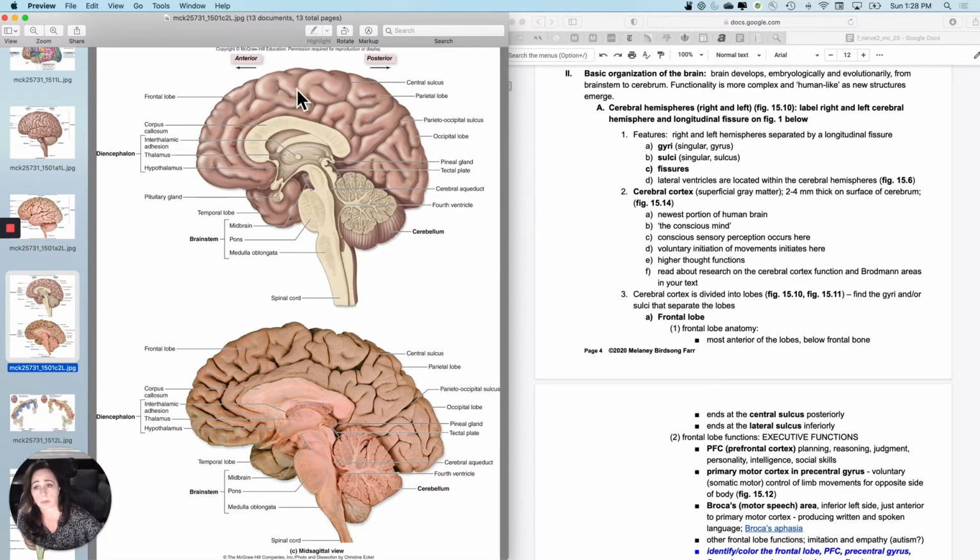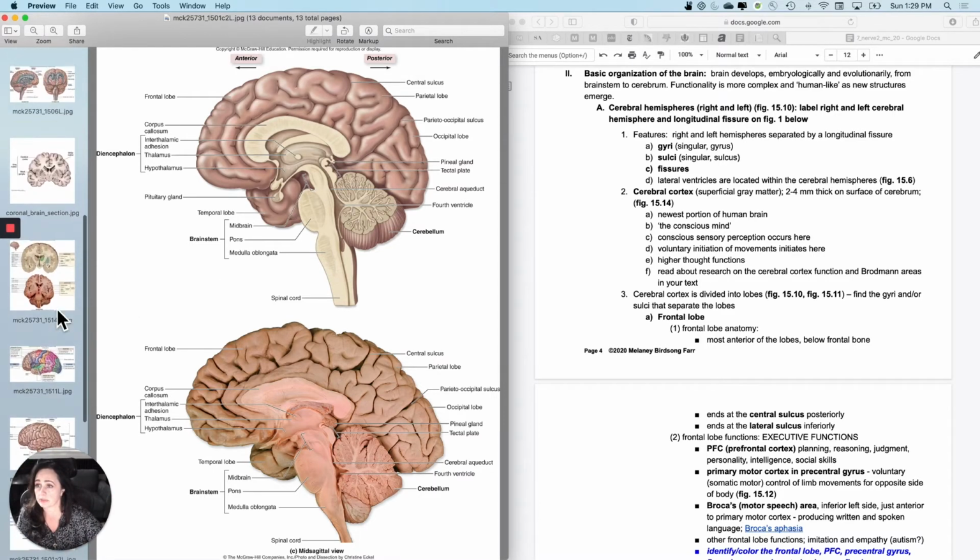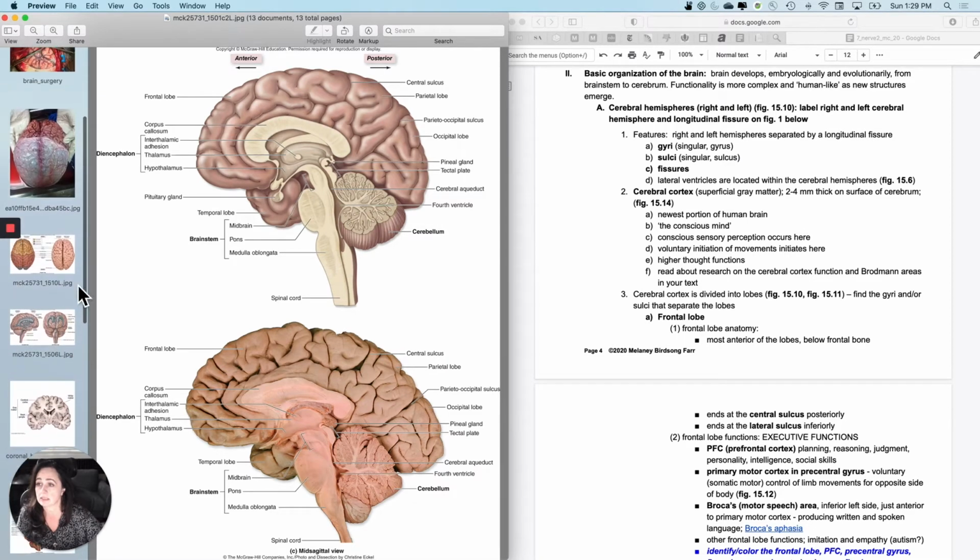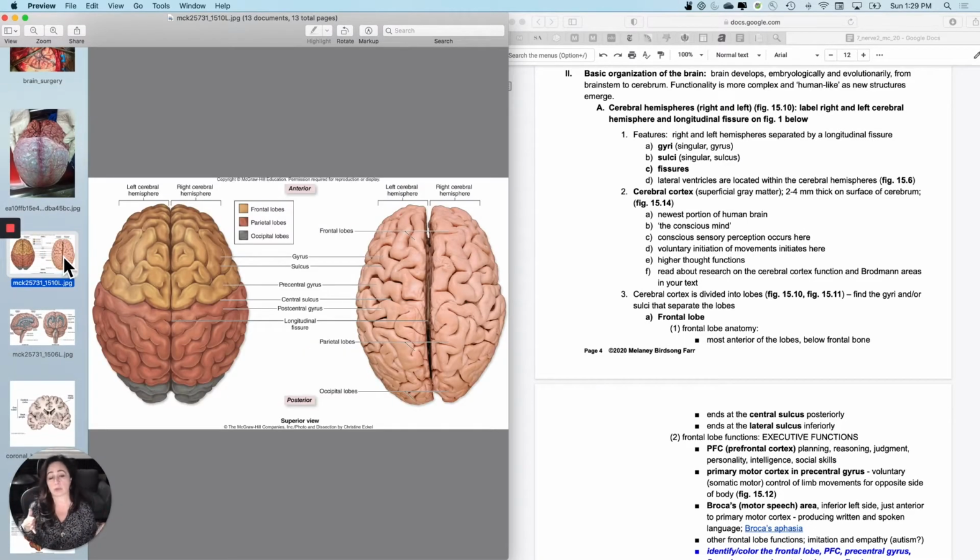So what we're going to do is start with the cerebrum and move in from there. So let's start talking about the cerebrum. The first thing is that the cerebrum is actually divided into left and right cerebral hemispheres, and you should be able to label left and right cerebral hemispheres.